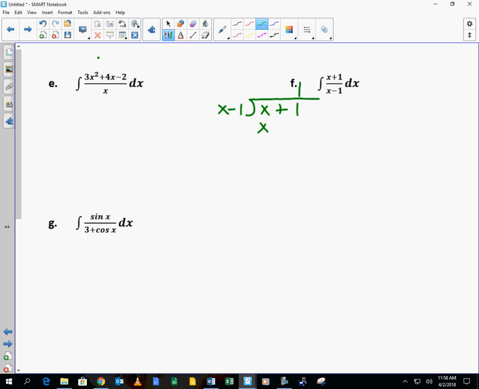And you get x minus 1. Subtract. What is x minus x? What's 1 minus negative 1? 2. So if the remainder is 2, then I end up with 1 plus 2 over x minus 1, right?